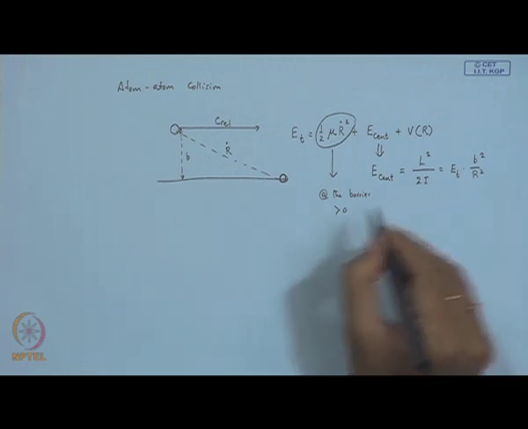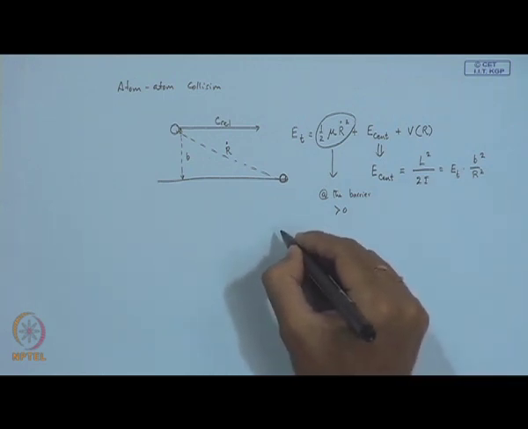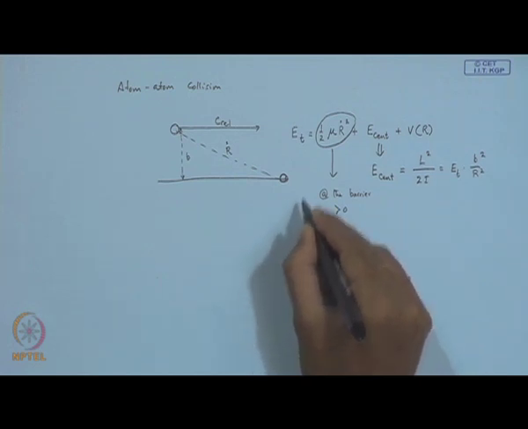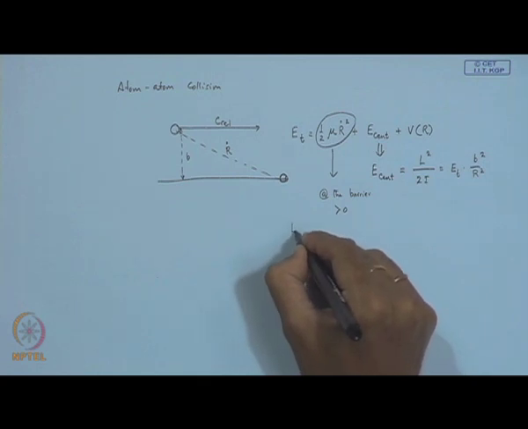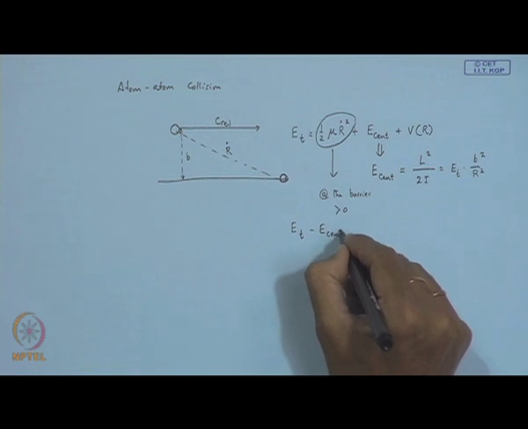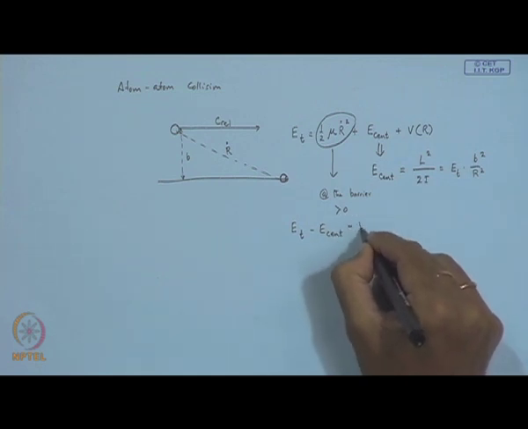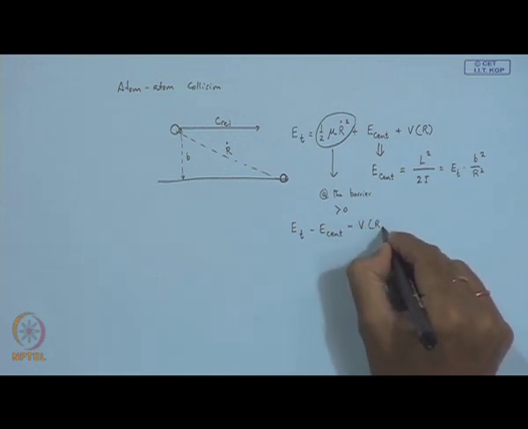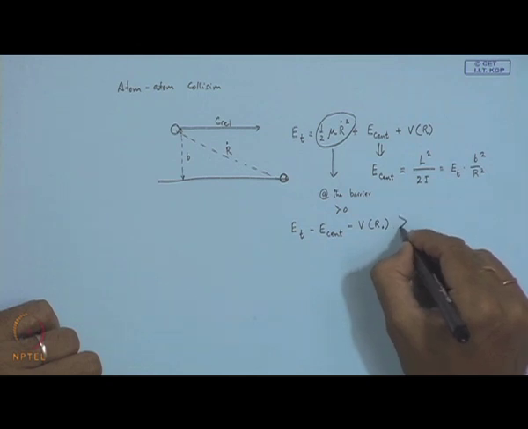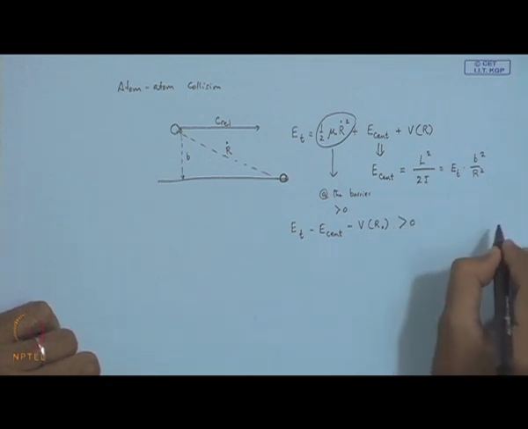So, you can write E_t minus E_cent minus V(R_0), where R_0 is at the barrier, which has to be greater than 0.